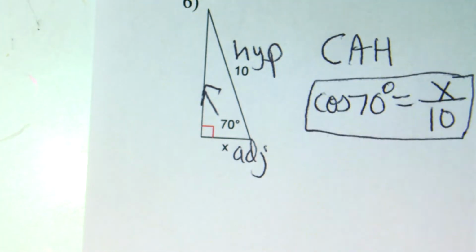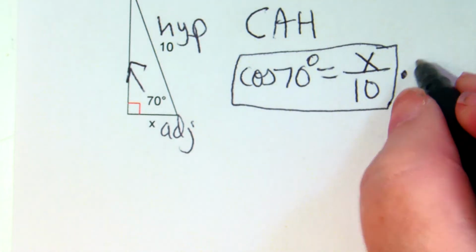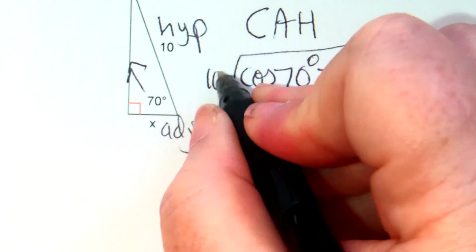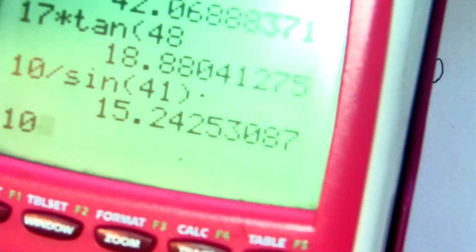And then what's in the denominator that we need to multiply both sides by? 10. 10 times cosine of 70. 10 times, here's the cosine and sine and tangent buttons.